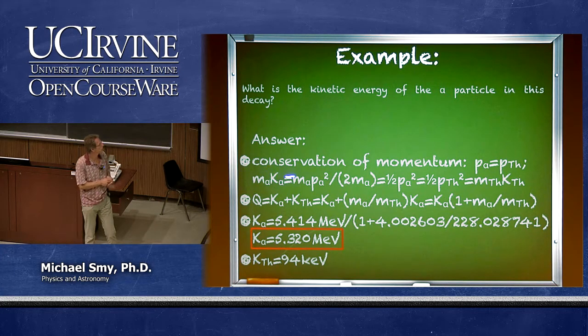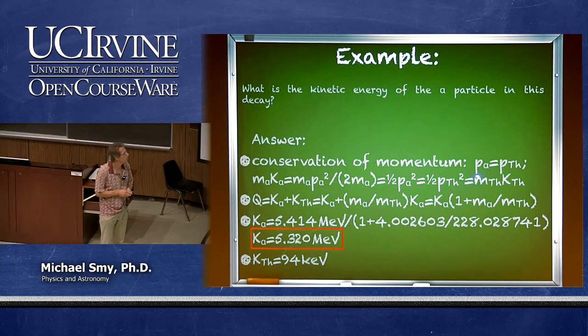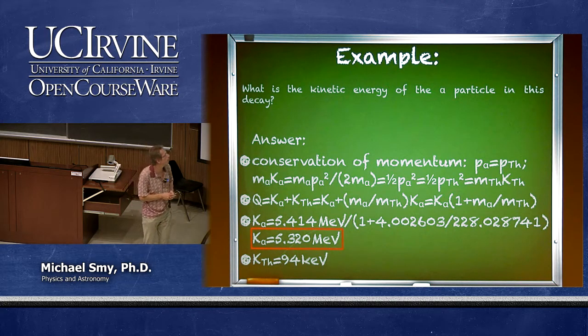And what we use for that is conservation of momentum. So from the conservation of momentum, we know that the momentum of the alpha particle must be the same as the momentum of the thorium particle, because we assume that the parent uranium had no momentum at all. So they need to go in opposite directions but with equal magnitude momentum.